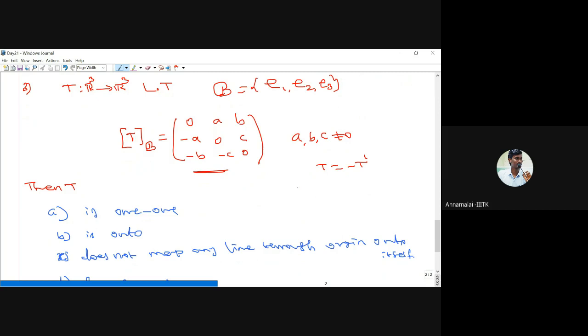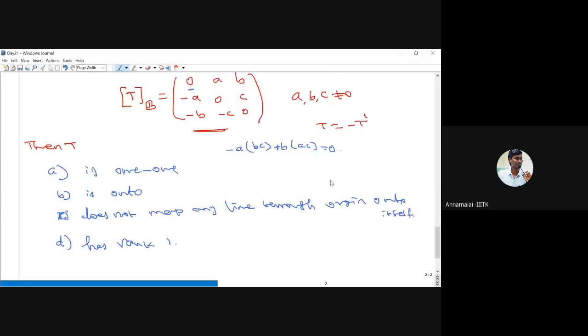Expanding, we get minus A times (0 minus BC), plus B times AC. So ABC minus ABC, we get 0.